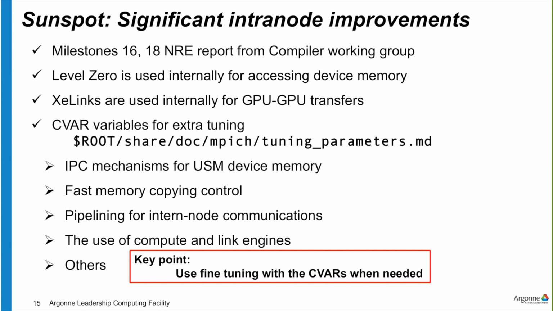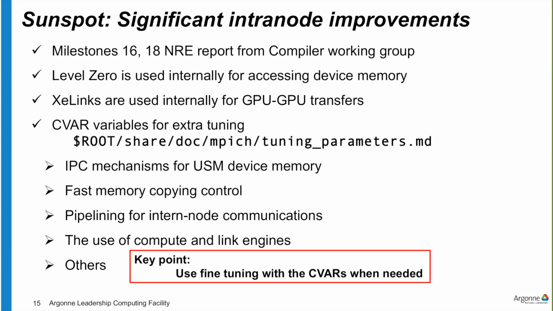There are many control variables which can tune the behavior of MPI on a single node. I show here the file which contains these parameters. There are lots of improvements in host data movement using a variety of mechanisms of shared memory on the socket and between the sockets.